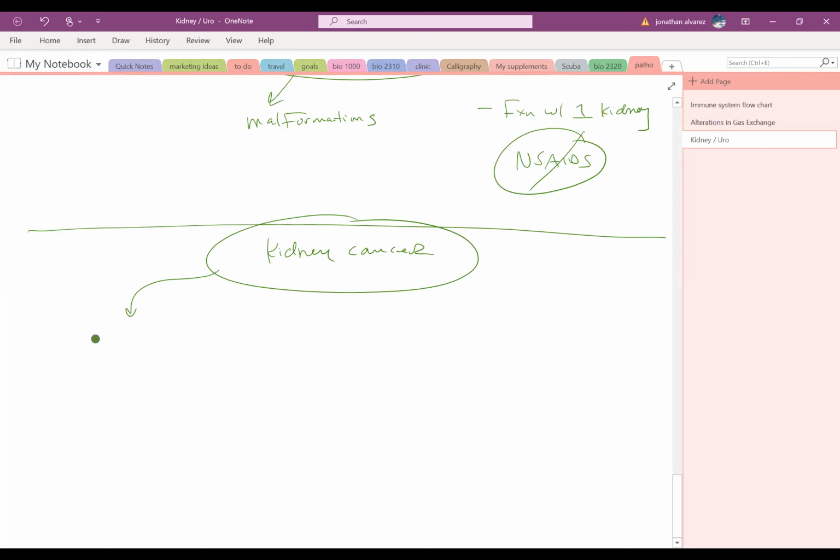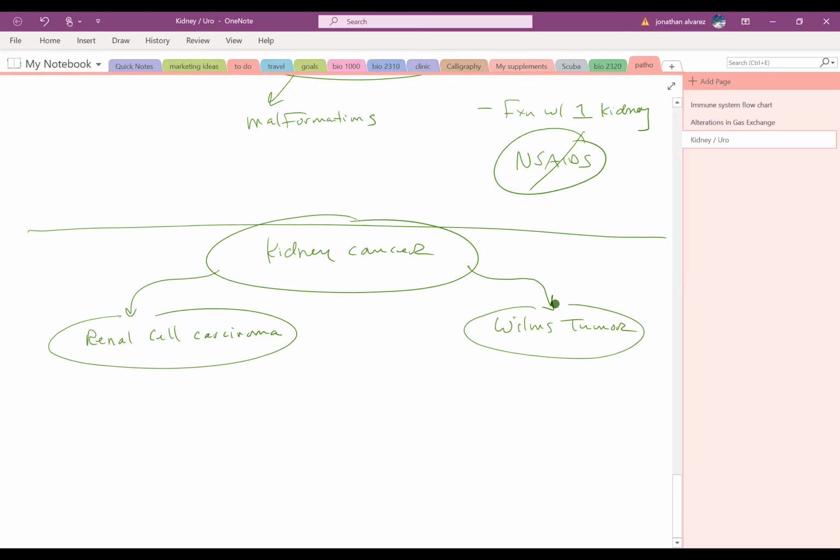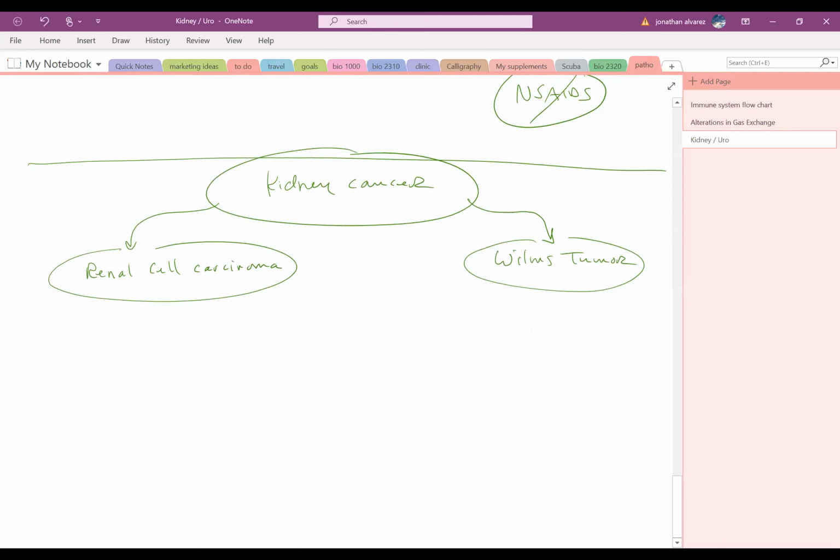Okay, so we can have a renal cell carcinoma or a Wilms tumor. The renal cell carcinoma is abnormal growth of the epithelial tissue inside the kidney.